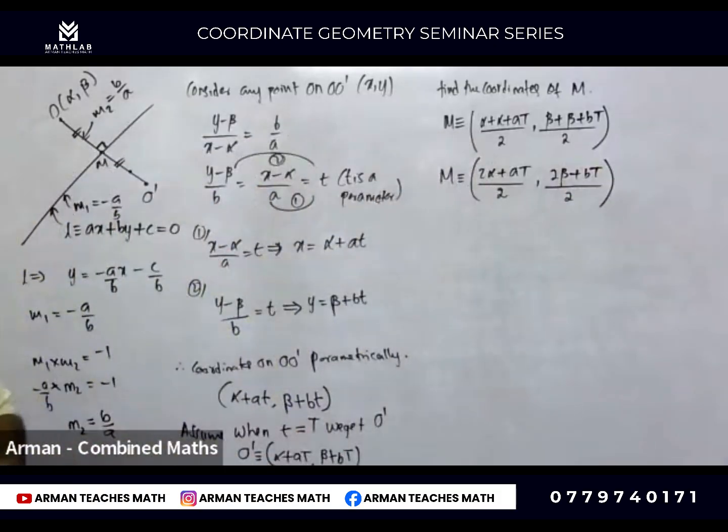Now, what did we do in our previous calculations? Recall, we found the endpoints coordinates accurately by finding the equation of this OO dash.